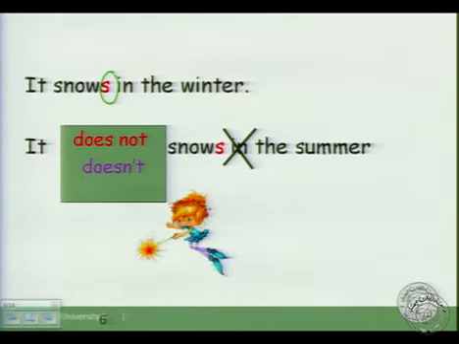How does it become negated, or in the negative form? We put does not or doesn't before the verb here, and then there is a little mistake here.